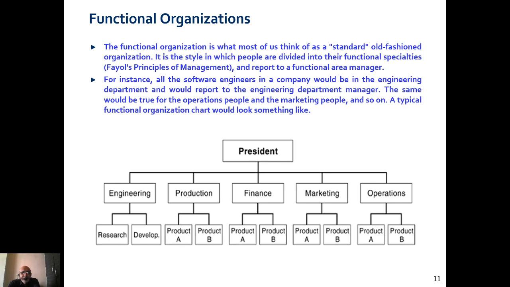President, engineering, production, finance, marketing, and operations. These are the departments, right? And there is a single president. And you have got the units below engineering, production, finance, marketing and operations. So you have got project managers for engineering, for production, for finance, and they will be reporting to the president.